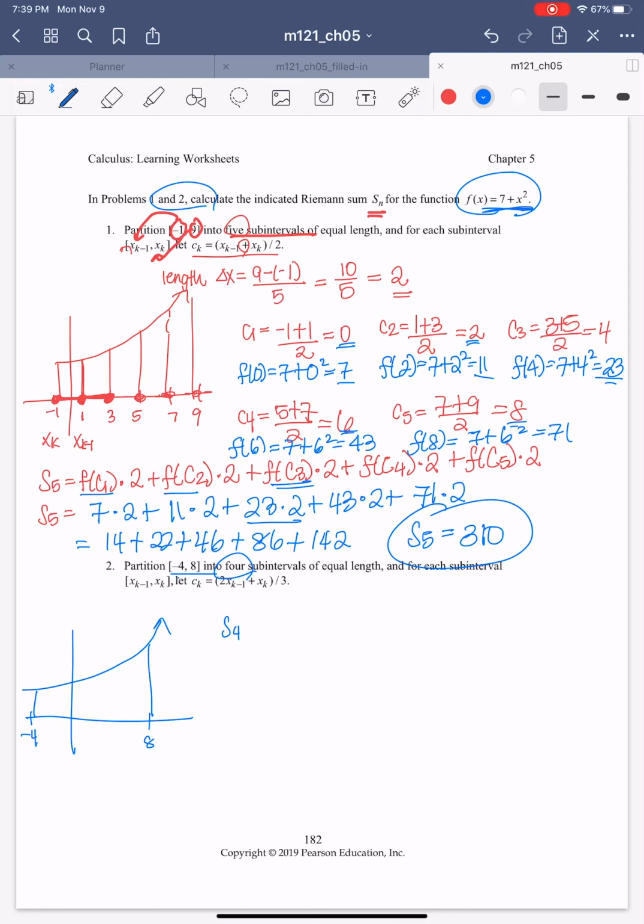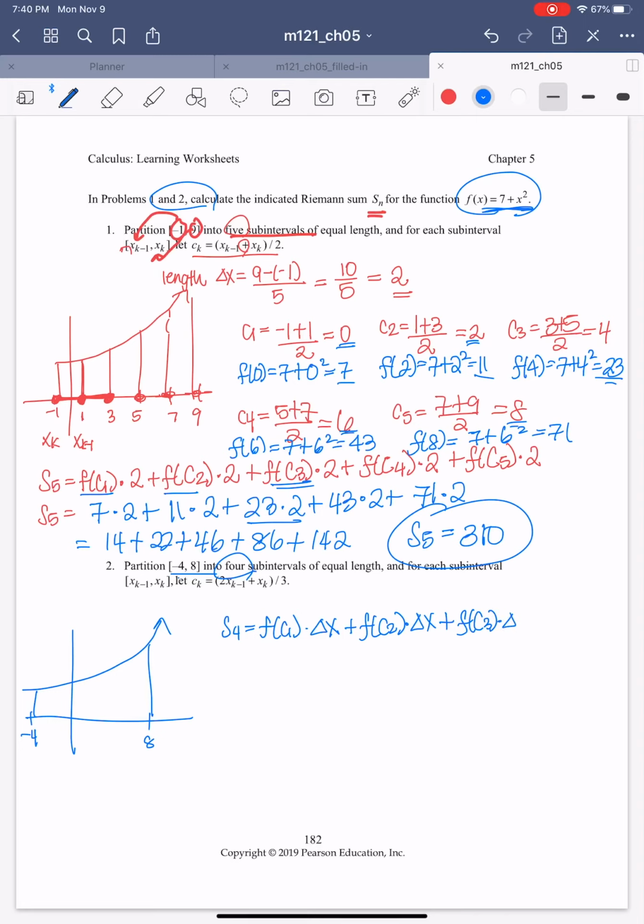Okay, using the same rule, I'm going to leave this one out for you. I'll still write down the format though. F of C1 times delta x, whatever the delta x is, F of C sub 2 times delta x. Delta x is your length of a rectangle, so it's consistent because we are dividing into equal pieces.